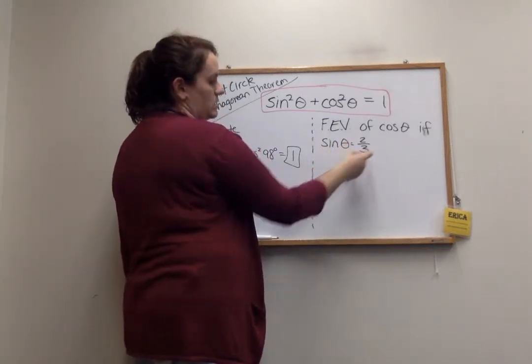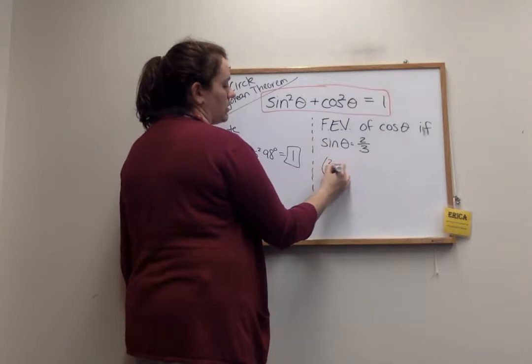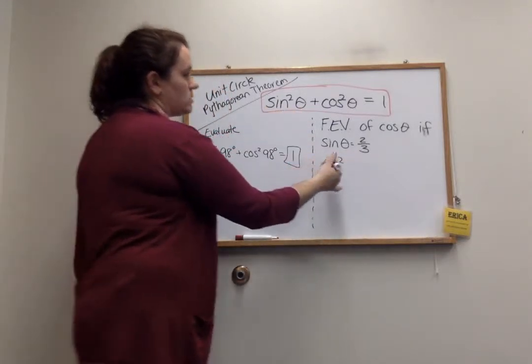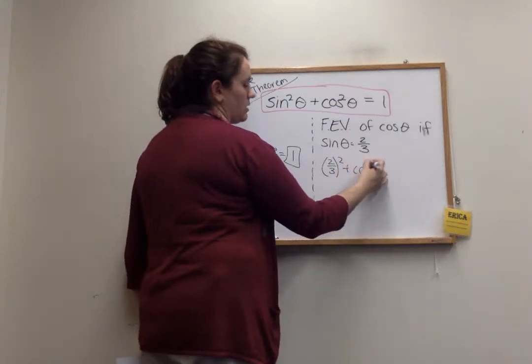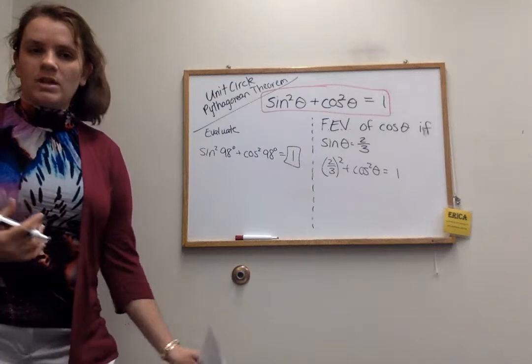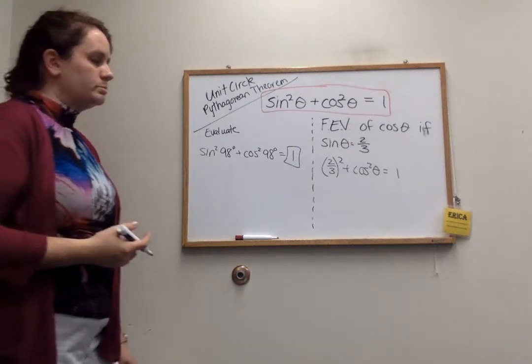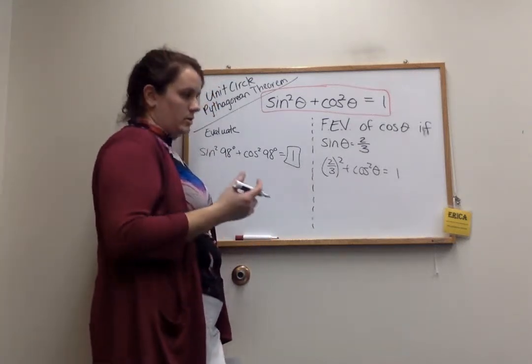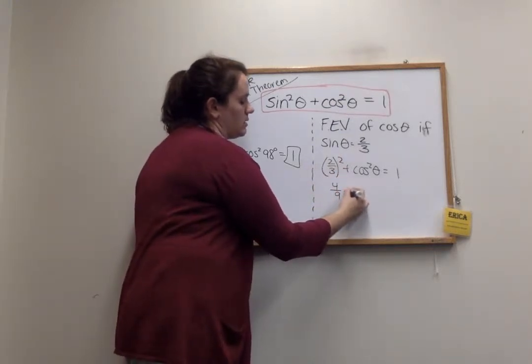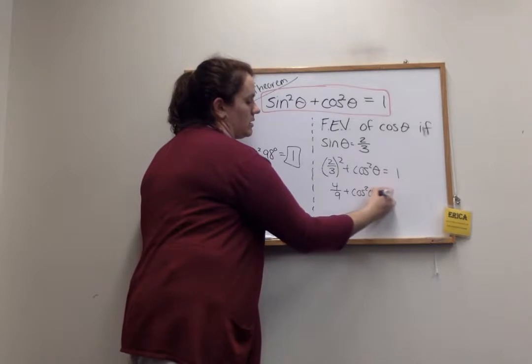Sine of theta is 2/3, so we would have 2/3 squared, sine squared, plus cosine squared equals 1. Then we can evaluate it just like a regular equation. 2/3 squared is going to be 4/9 plus cosine squared equals 1.